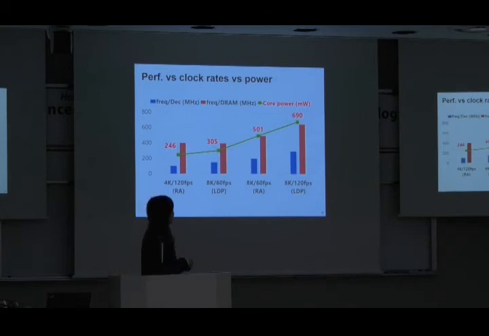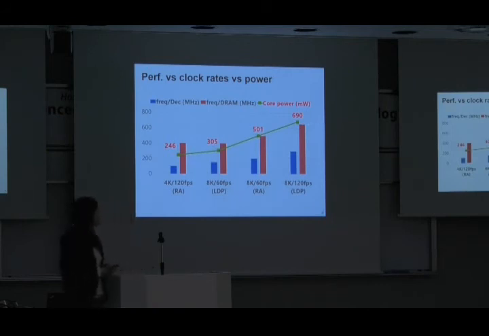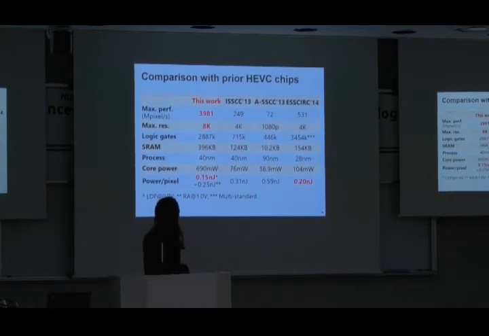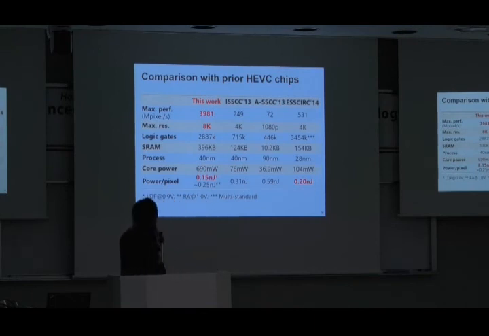This is the core power consumption, which means the power consumption of the decoder chip itself. When we increase it to 8K at 120 frames per second, the power consumption is about 690 milliwatts. We compare this work with other results. This work is from National Taiwan University, this work is from MIT, and this work is also from National Taiwan University.